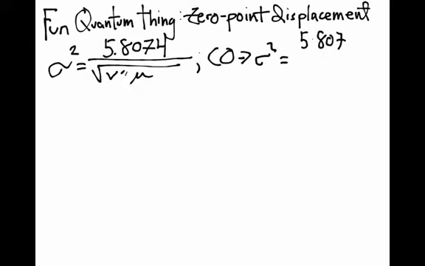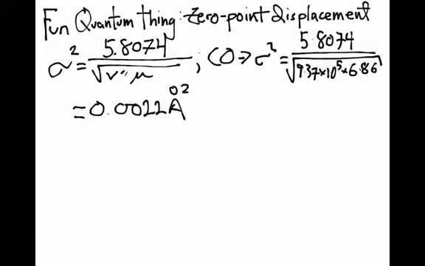For carbon monoxide, sigma squared thus is 5.8074 divided by the square root of 9.37 times 10 to the fifth times 6.86. So that comes to 0.0022 angstroms squared, but we have to take the square root of that, so the width is 0.05 angstroms, about. So 5/100ths of an angstrom, and for a normal distribution, sigma is actually the half width.